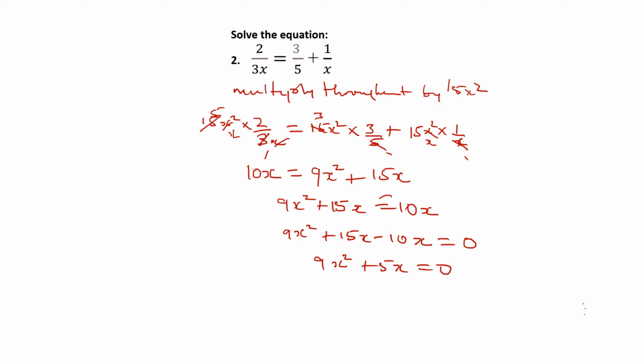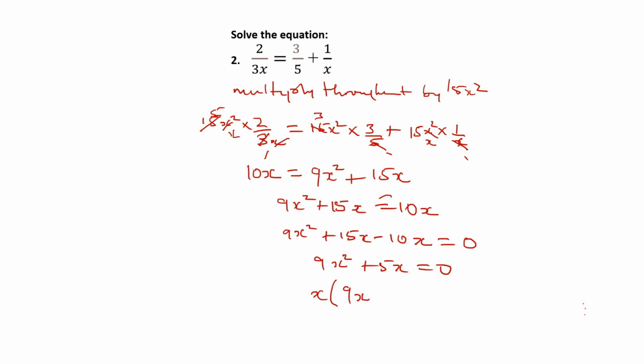So 9 and 5 are not common, so we have x as a common factor here. X can go into itself, it can also go into this. So we factorize x out, and then we open our bracket. X cancels this x, so we are left with just x here, so we are left with 9x.